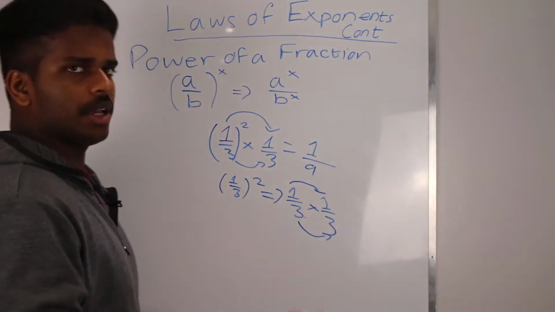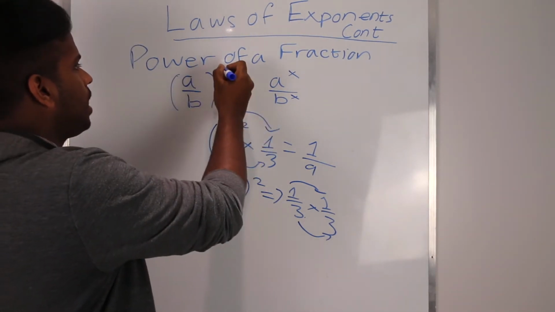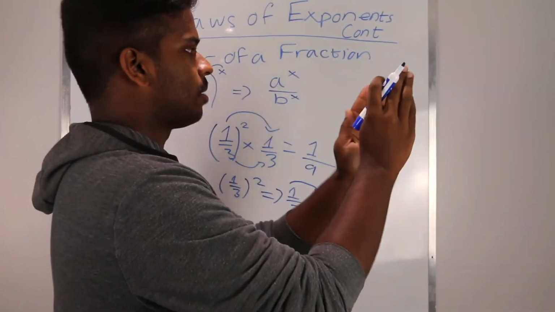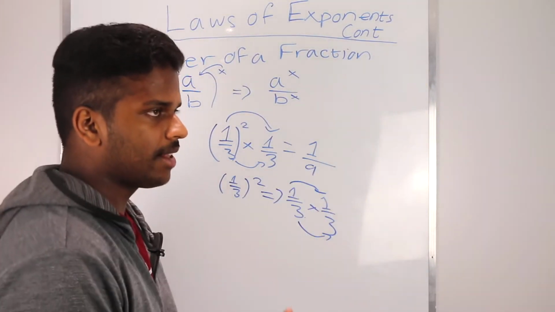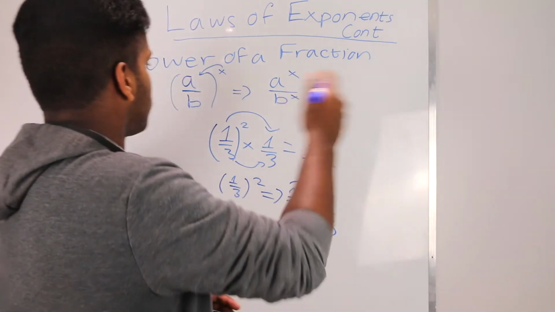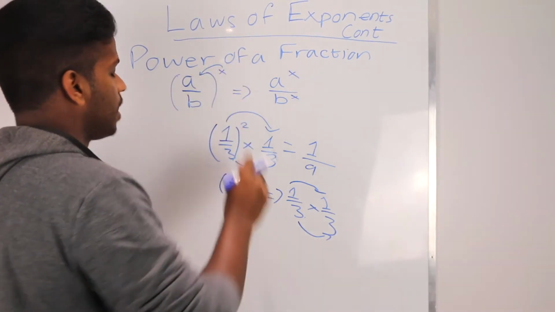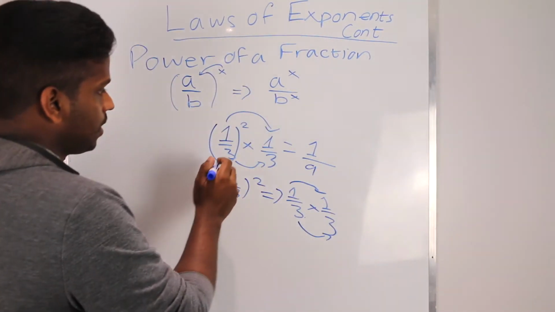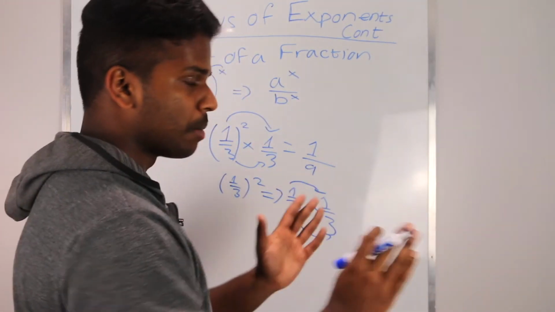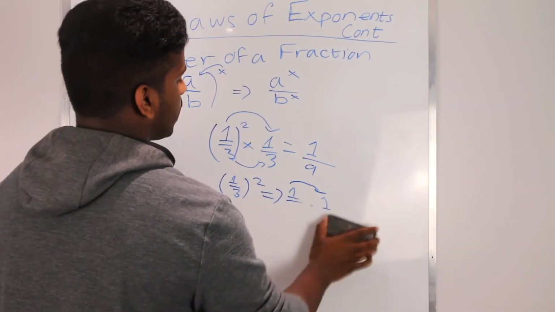When we are taking the power of a fraction, we can raise our numerator to the power of that exponent, as well as our denominator to that power individually. This works since we're multiplying the numerators separately and the denominators separately when multiplying fractions. I'll show you another example so that what I just said makes sense.